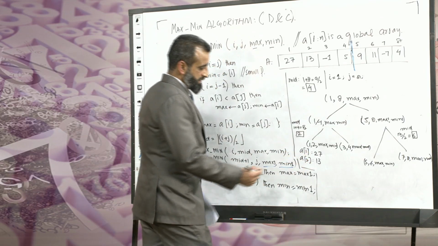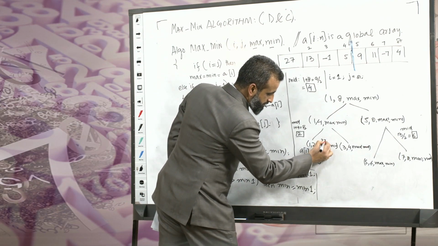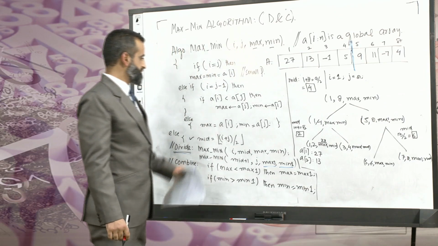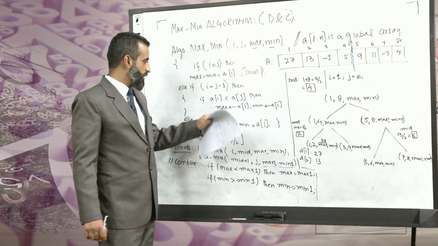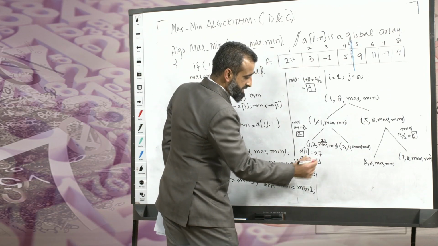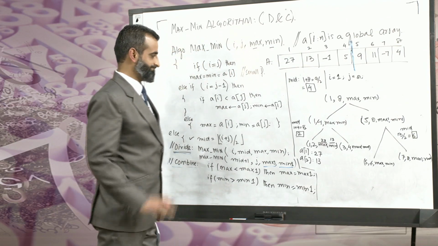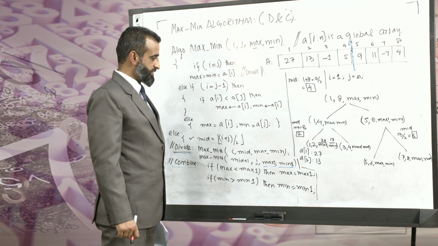So whatever I will do is that my max now will store a of 1. My max is now storing a of 1, right? And my minimum is basically a of 2. We are done with one job.